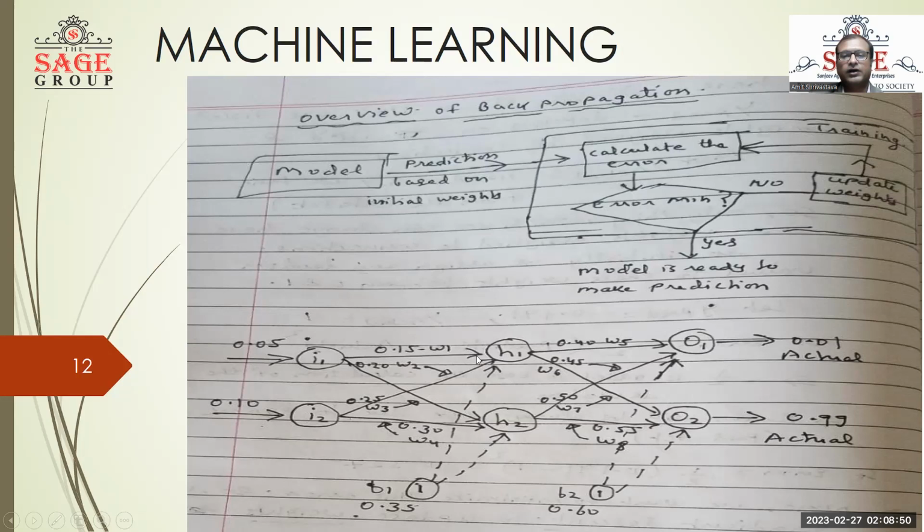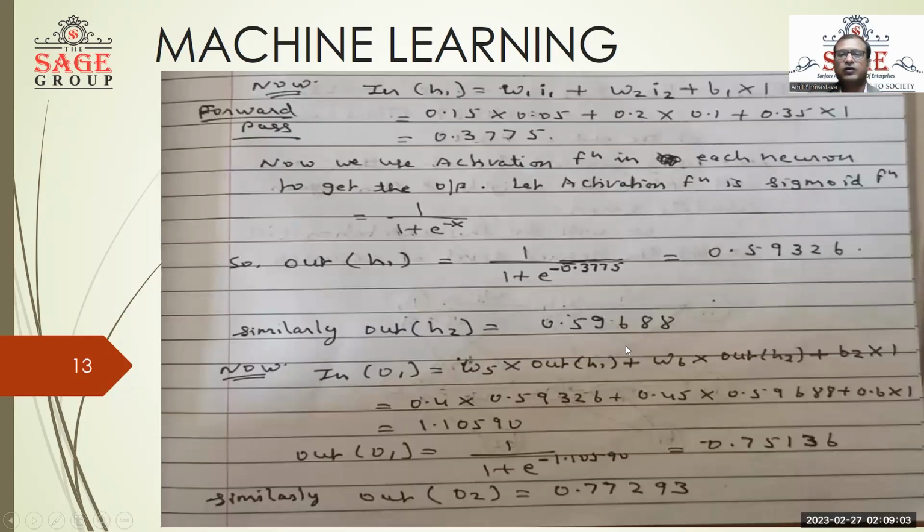So the total input we receive at H1 will be I1 into W1 plus I2 into W2 plus this bias B1. So this is how my formula will be calculated. So in H1 it is W1 I1 plus W2 I2 plus B1 into 1.